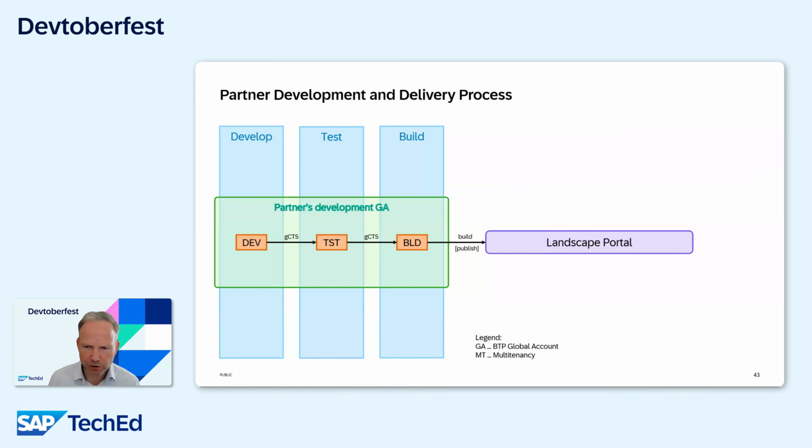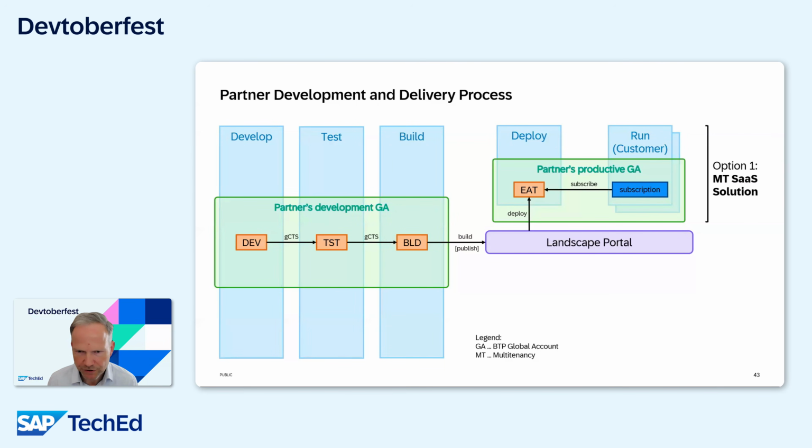And after building the product and providing it to the landscape portal storage, there is one option for a multi-tenancy SaaS offering, where the offering runs within the partner's productive global account. And there's only one subscription, so no real infrastructure, no real hardware in the customer's area, but only one subscription from a customer sub-account to the tenant in the central provider system.